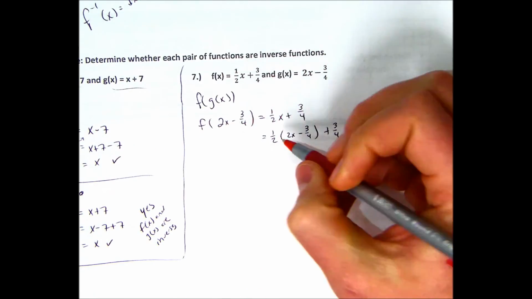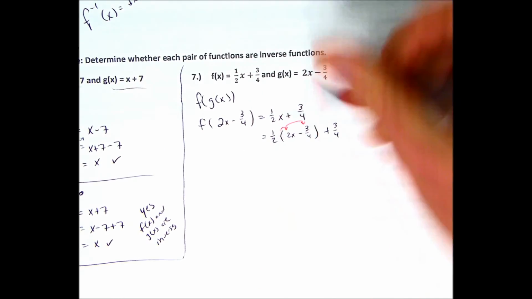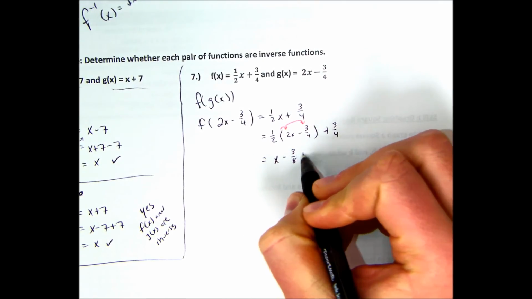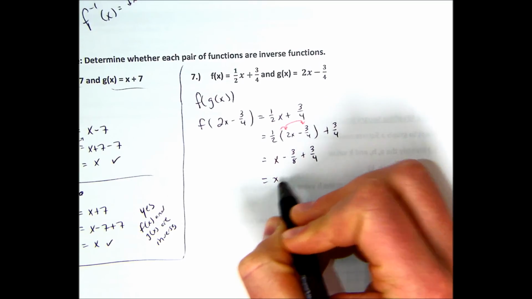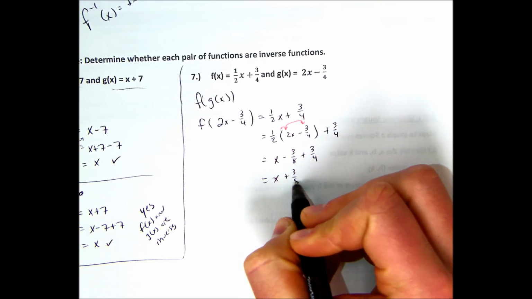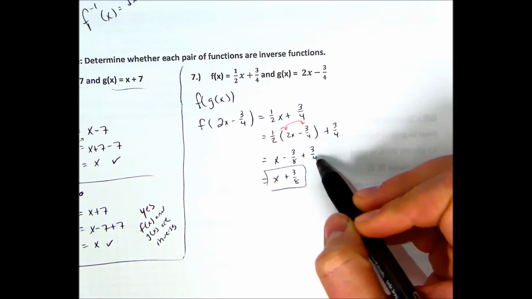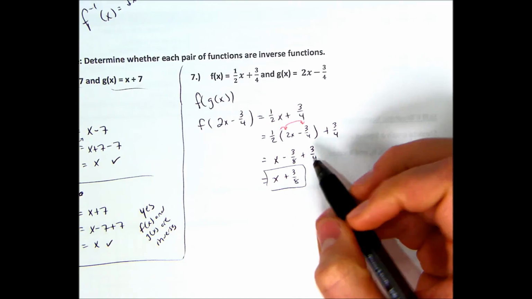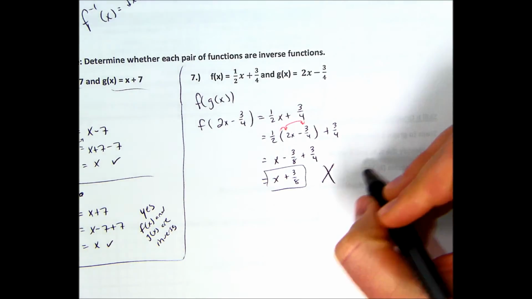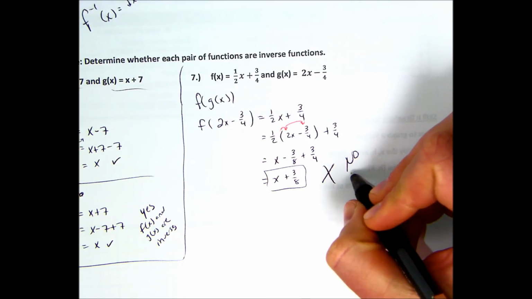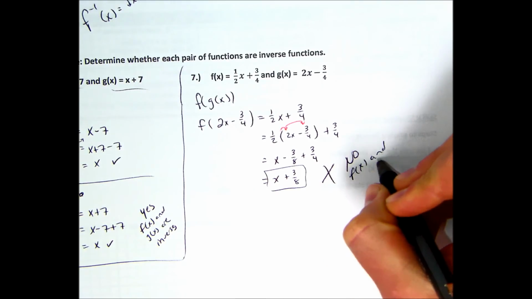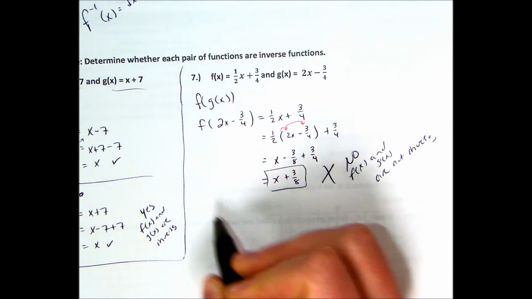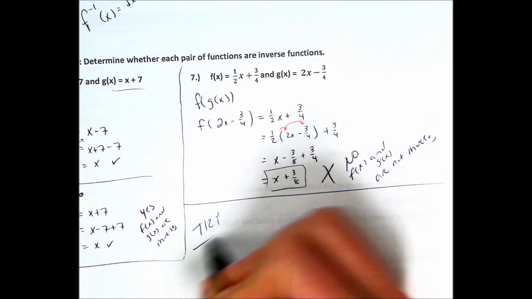And you get x minus 3/8 plus 3/4, which then turns into x plus 3/8. You'd have to get a common denominator before you add here, and that's what it turns into. This is not x, right? It's x plus 3/8. It's not equal to x. So just make the x saying no. f of x and g of x are not inverses.